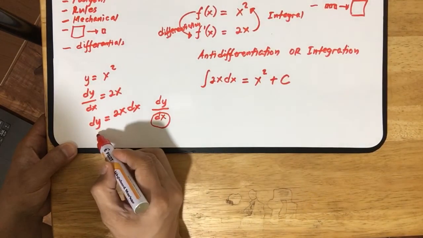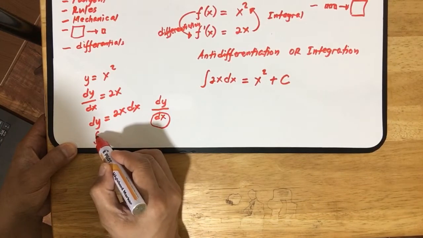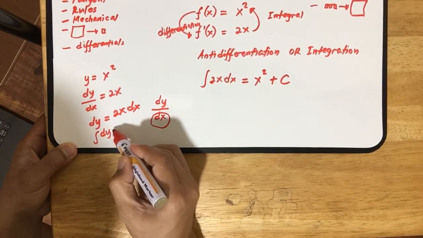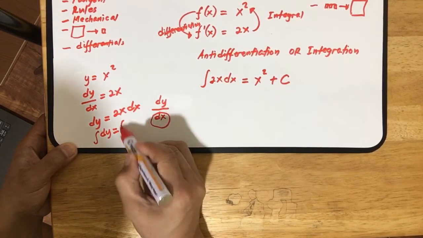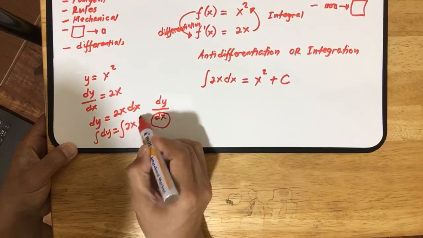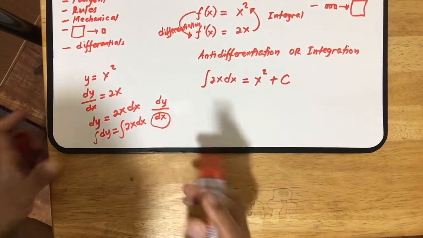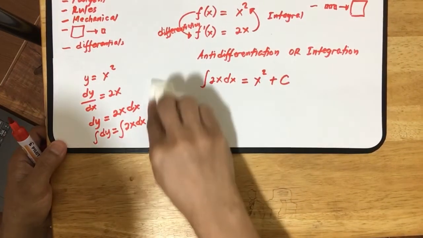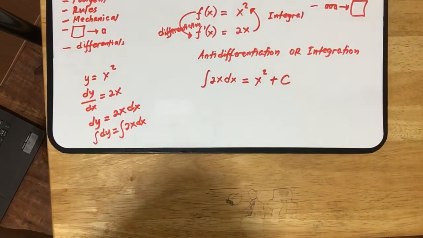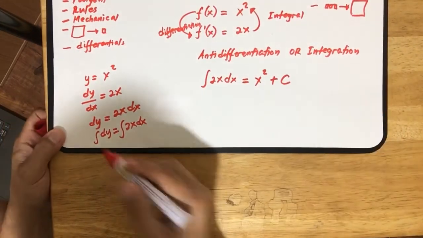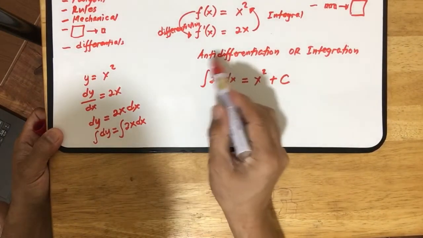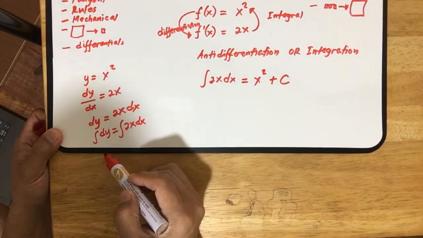Anti means you take the integral of dy equal to the integral of 2x dx; whatever you do on the left side, do it on the right side as well. We know that the integral symbol is the anti, meaning the opposite process of dy.